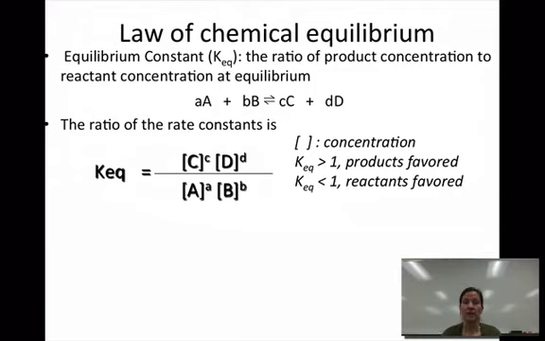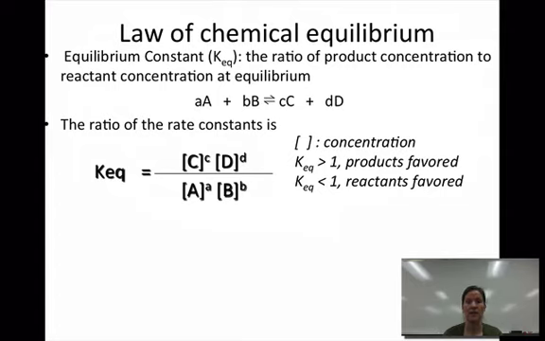To create one of these, if given a chemical reaction like the one on the screen, where small a, small b, small c, and small d are your coefficients, and the large letters are your actual substances, then the products go on top, the reactants go on bottom, and it's the concentration of each component raised to its coefficient.